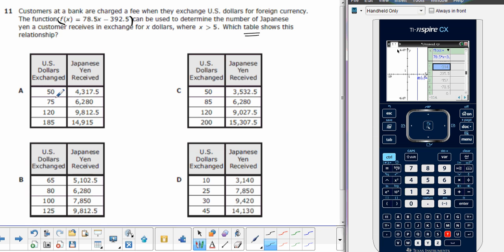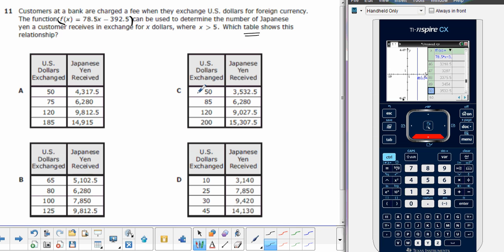Now let's see at 50. So it's simple. You go to x, and I want to see when x equals 50. Which table am I gonna eliminate? 3,500.